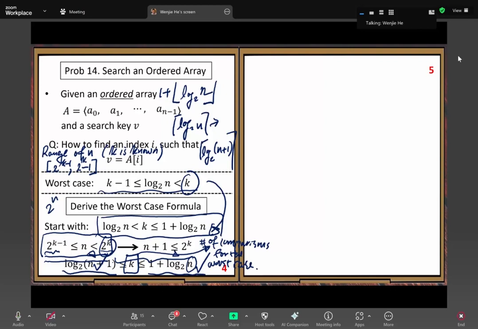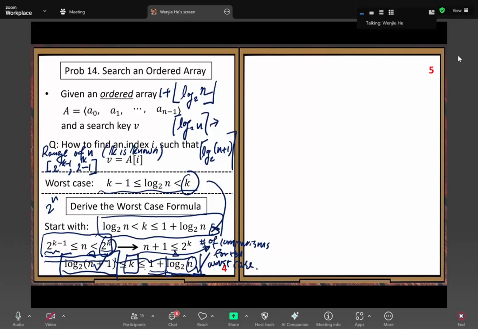So on the left-hand side, we use the ceiling function. On the right-hand side, we use the floor function, because if it is not an integer, then we take the floor and it becomes an integer that should be greater than or equal to k. K is an integer.